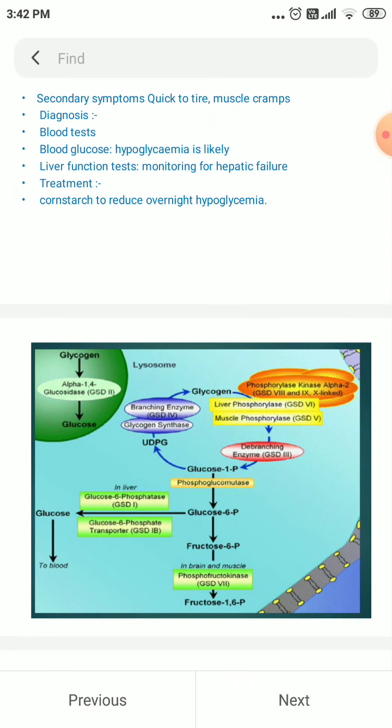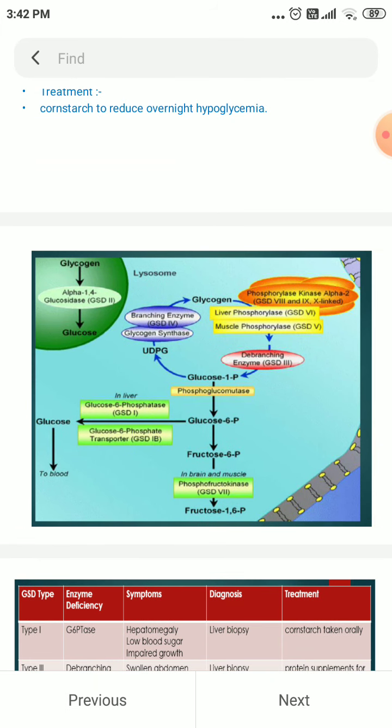So you can make out in this slide, I have already explained all these disorders. Glycogen to glucose conversion, where the enzyme alpha 1,4 glucosidase is the main enzyme involved, you can see here. The branching enzyme deficiency leads to what? Glycogen synthesis in the liver.